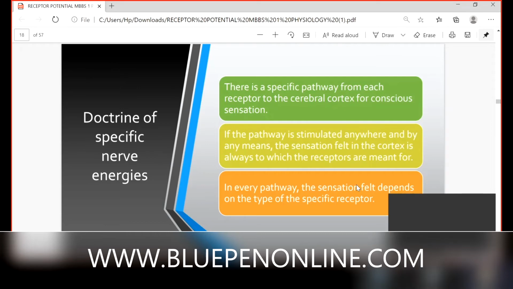So based on which area the fly or mosquito is sitting, the person will feel a pressure, a pain, or whatever it may be, based on the receptor it was originally connected to. Now, in every pathway, the sensation felt depends on the type of the specific receptor.